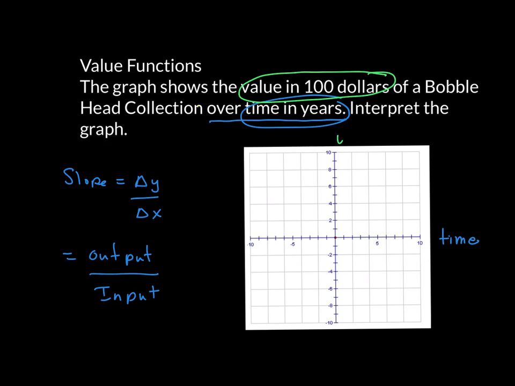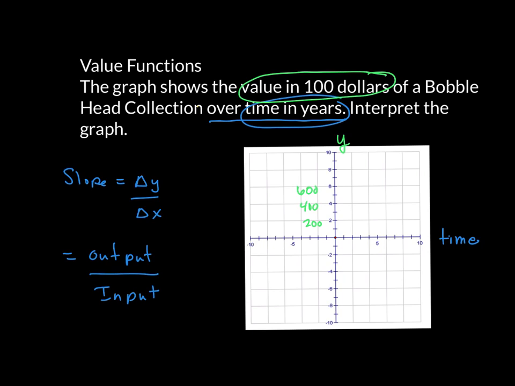Now, the reason this is important here is it's in terms of $100, so that doesn't just mean that this is 2 here. It means the scale for the y-axis is actually 200, 400, 600, and so on.